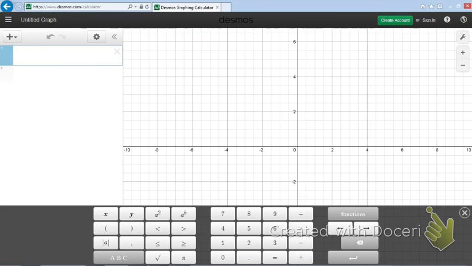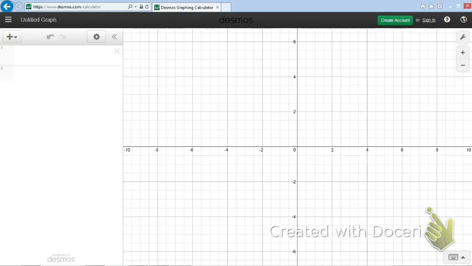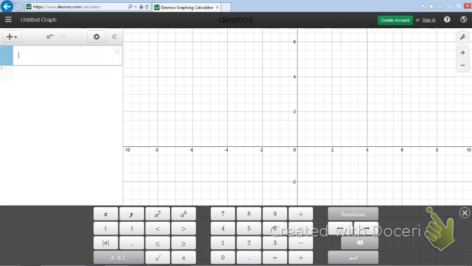Okay, this next one's going to be number 31, and it says describe the feasible region, and it gives you a set of inequalities. So what I want to do for that problem, and again this is number 31, is put my inequalities that are given into Desmos. So x plus y is less than or equal to 19.